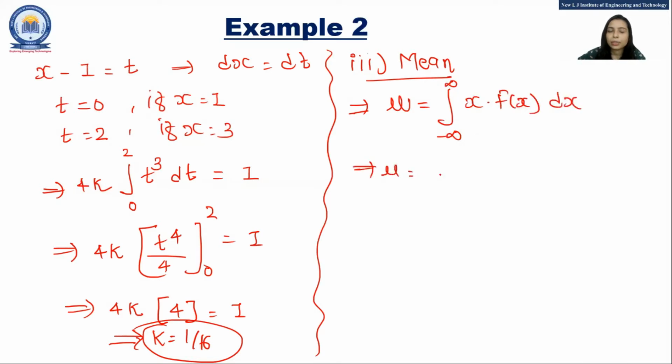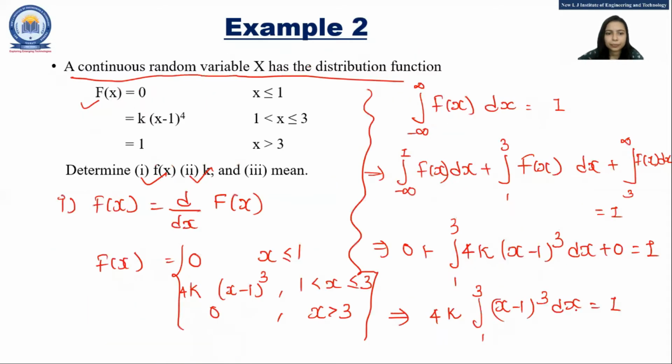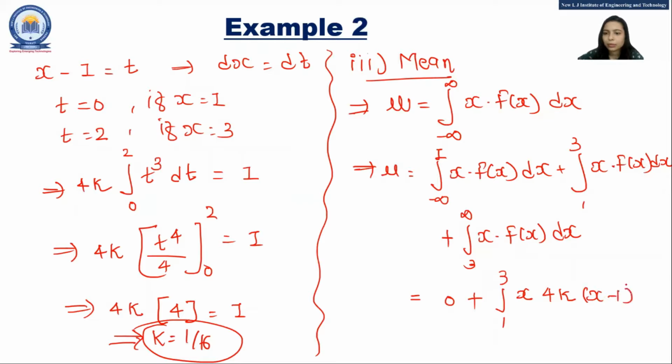So we can write mu is equal to minus infinity to 1 x into f of x dx plus 1 to 3 x into f of x dx plus 3 to infinity x into f of x dx, that is equal to 0 plus 1 to 3 x into f of x, that is 4k into (x minus 1) cube dx plus 0.